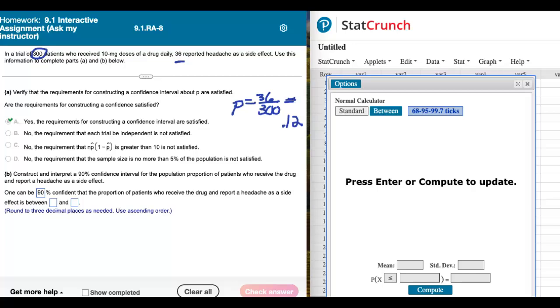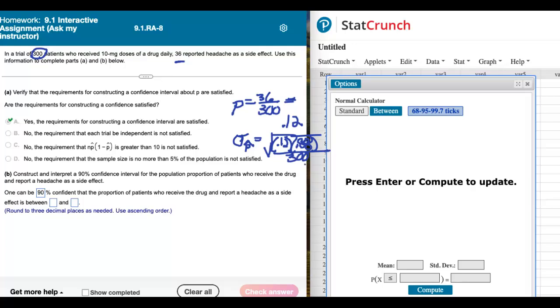And then to get the standard deviation, just like we've done before with p-hat distributions, we take the square root of 0.12 times 0.88, and we divide that by our sample size, and in this case that was 300.